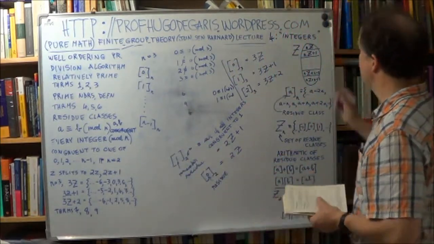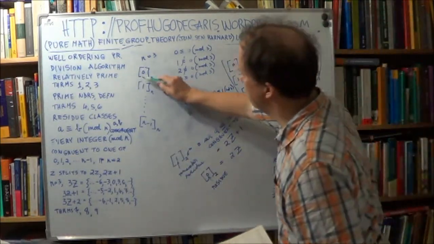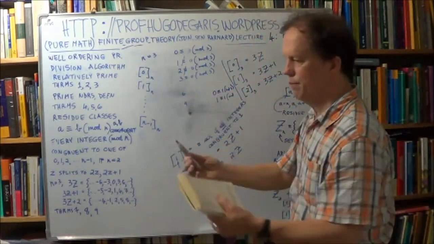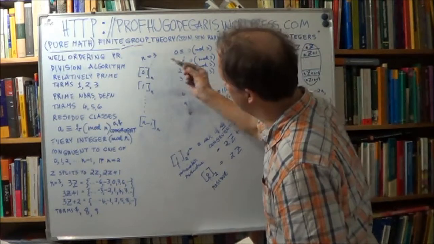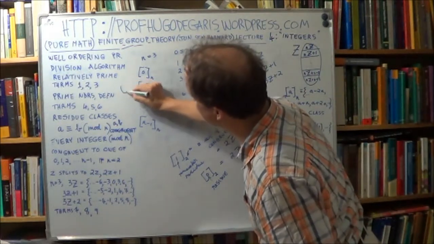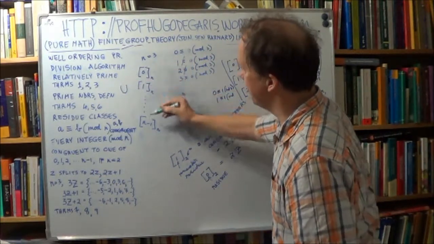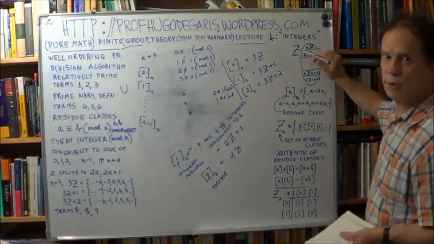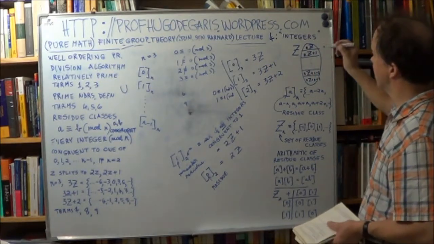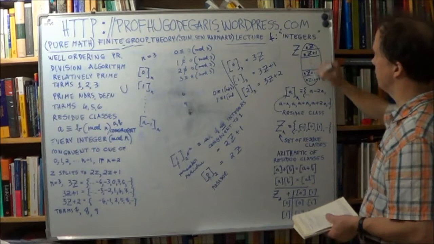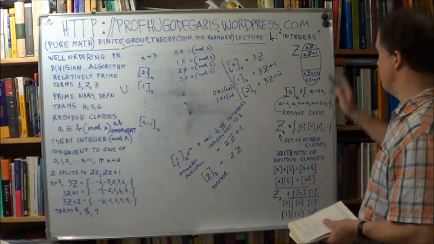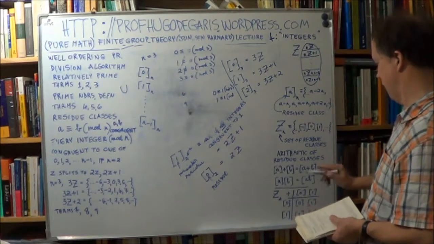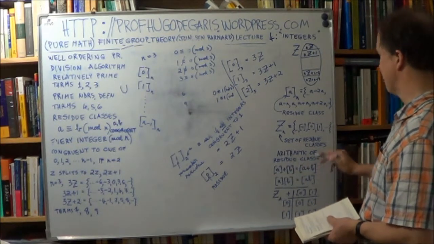If you union all these n sets, you will get the full set of integers, right? So you can split up the set of integers, z, into mutually exclusive residue classes.